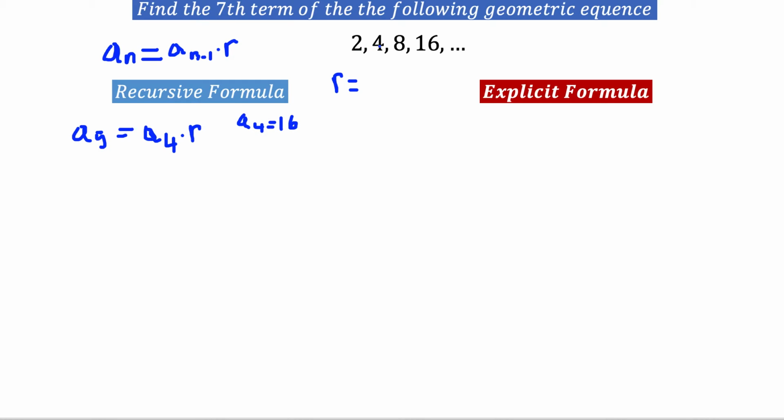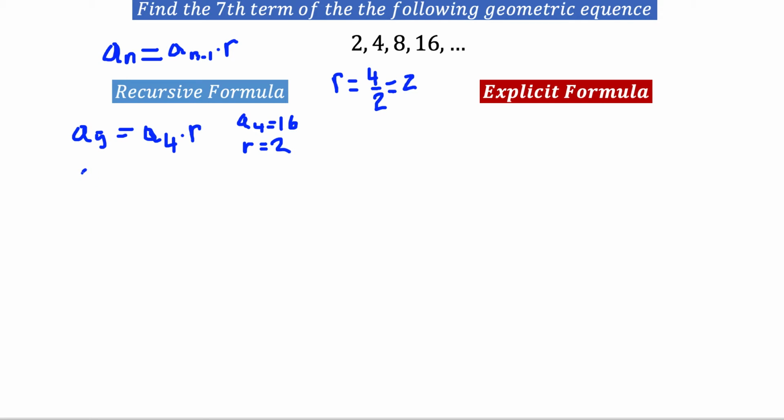For example, 4 divided by 2. It already states in the question that this is a geometric sequence, and for any two consecutive terms we can take one term, divide by the previous term, and find the common ratio. So the common ratio r is equal to 2. Even 8 divided by 4 is 2, and 16 divided by 8 is 2. So the common ratio is 2.